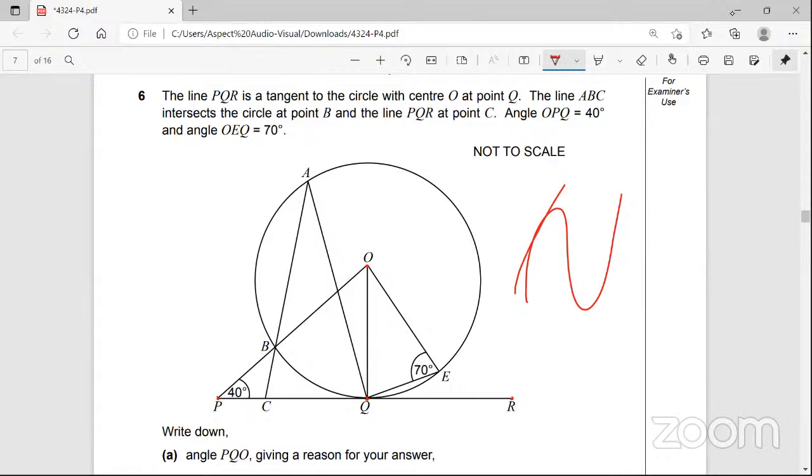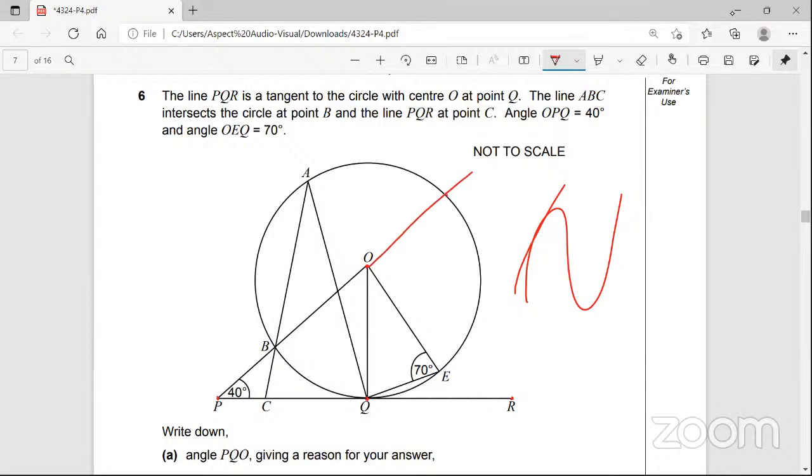Are we together? Okay. So the difference between the lines CBO and PQO is that PQO only touches the circle at one point. Do you see this line? It only touches at one point. This line here, if it has to go on, it will also touch here.